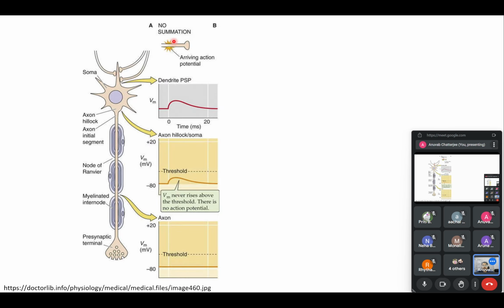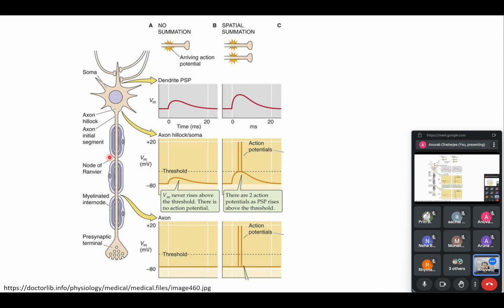For example, say there is an action potential which reaches the neuron right here. This causes a slight increase in the membrane potential, but this is never close to the threshold, and thus we have no action potential in the next neuron.